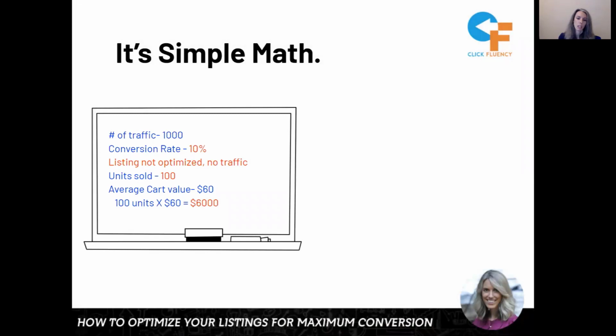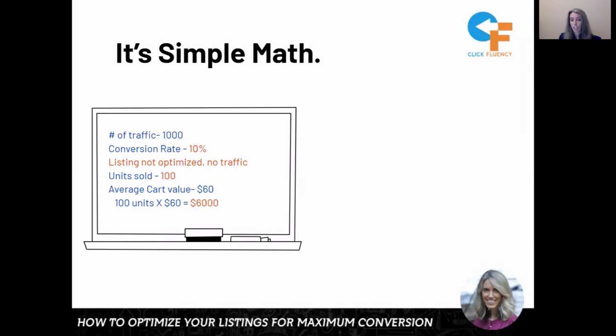Okay, here we go. Some more simple math. Let's say 1,000 sessions with traffic. It converts at 10%. Your listings are not optimized. You're not getting a ton of traffic beyond just that 1,000 per month. You sell 100 units.